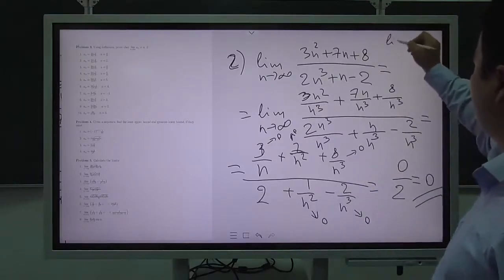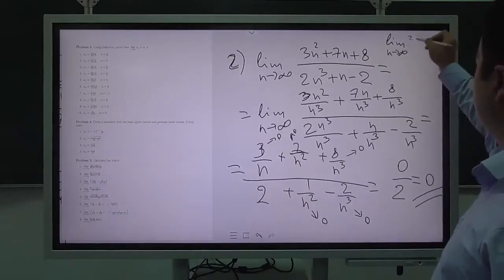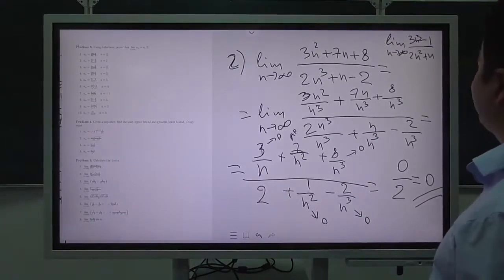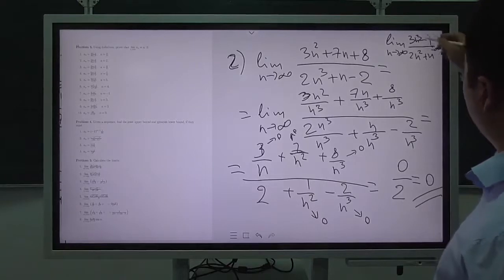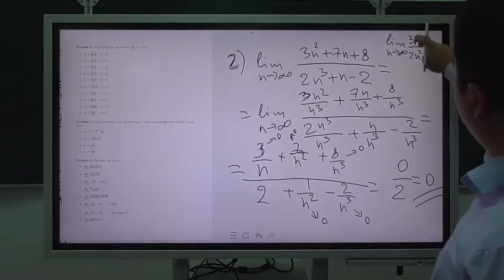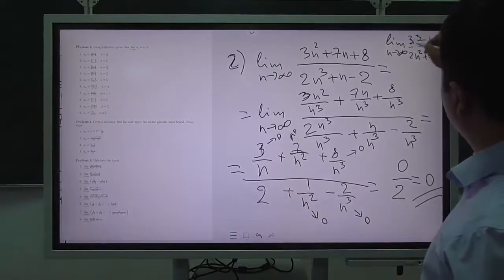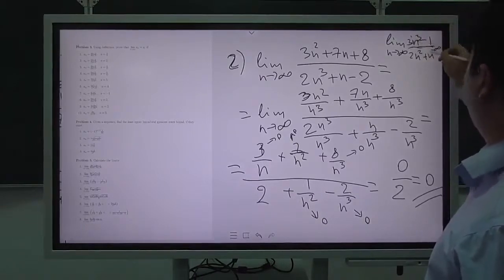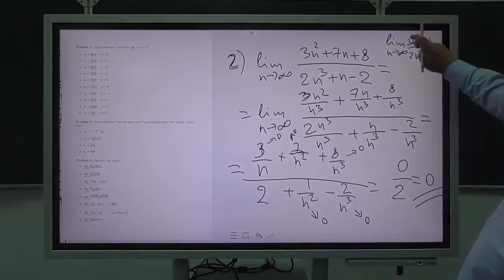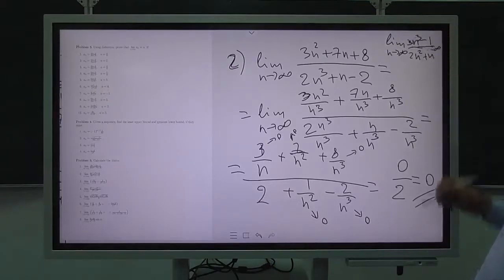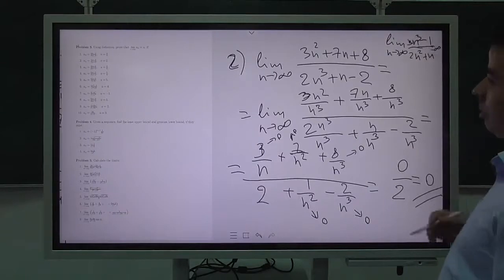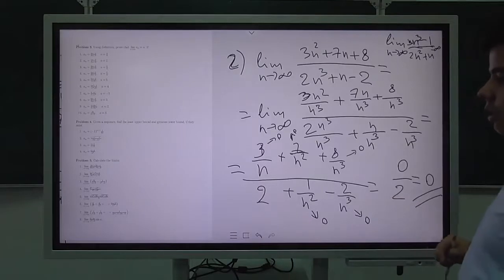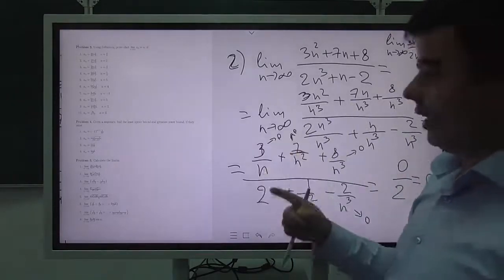For example, if we have the limit as n tends to infinity of 3n cubed minus 1 over 2n squared plus n, it goes to infinity because the power of n in the numerator is n cubed, and in the denominator we have n squared. That's why it goes to infinity: the numerator goes faster to infinity than the denominator.